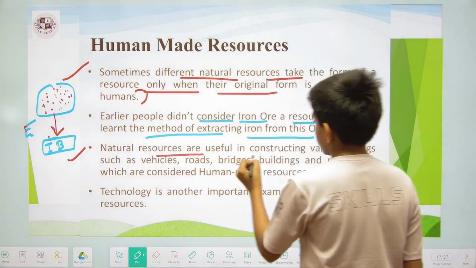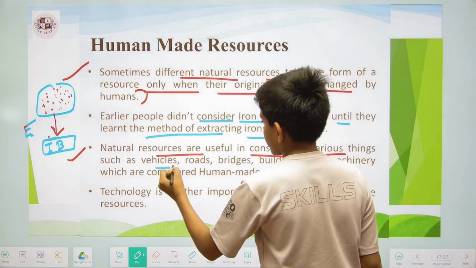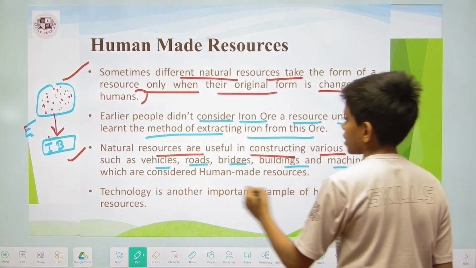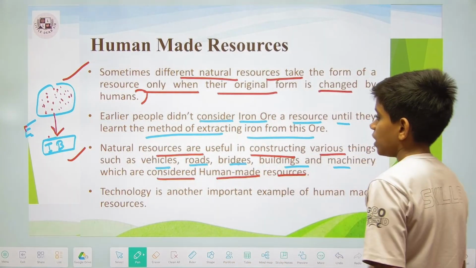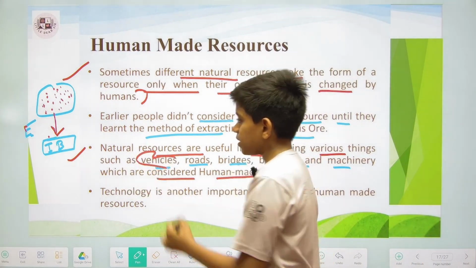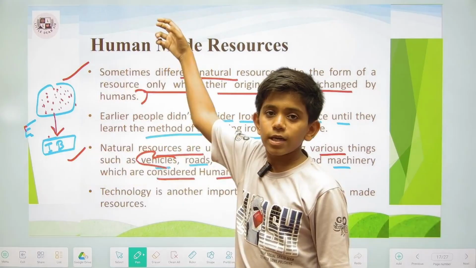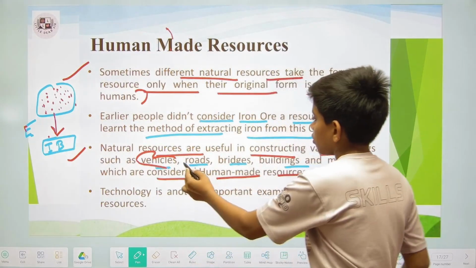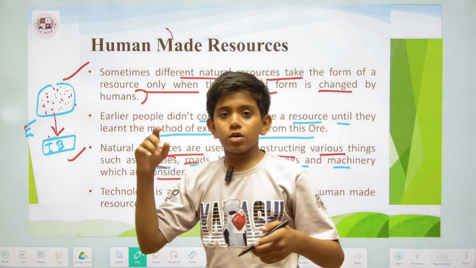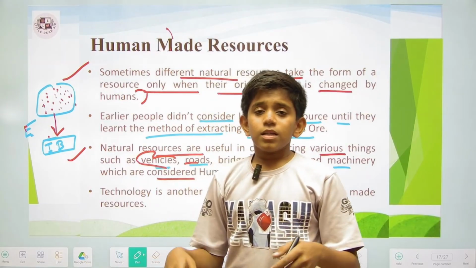Natural resources are useful in constructing various things such as vehicles, roads, bridges, buildings and machinery, which are considered human-made resources. For vehicles, we need iron. It is a natural resource but made with modification, so it is a human-made resource. For roads, you need bitumen and cement, although bitumen is made from petroleum.